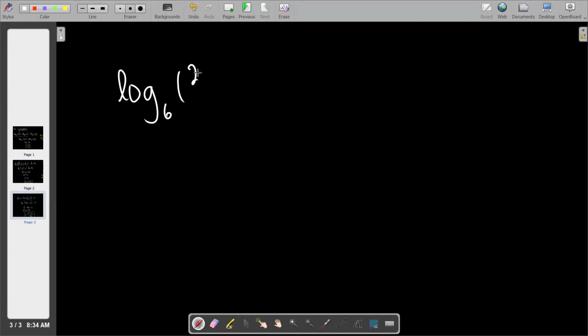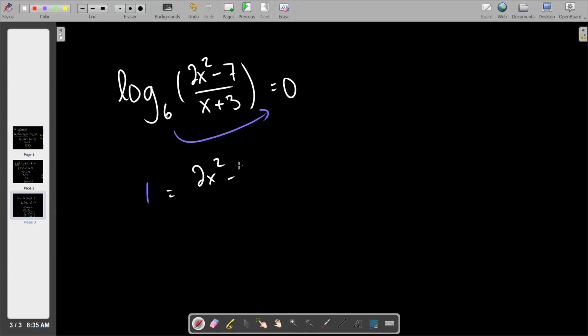So it's 2x squared minus 7 over x plus 3. Oh, you condensed already and it equals 0? Okay, so what you just have to know is that when you convert, 6 to the 0 power equals 1. So you have 1 equals 2x squared minus 7 over x plus 3, and then you multiply. Yep, you good? Okay, thanks.